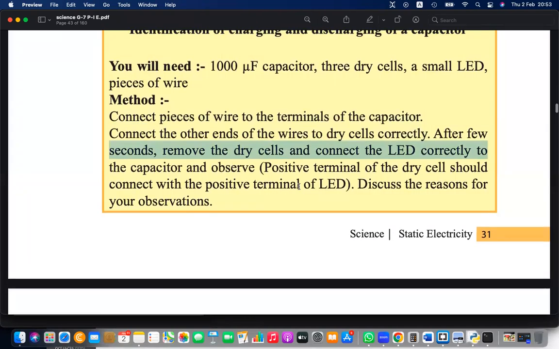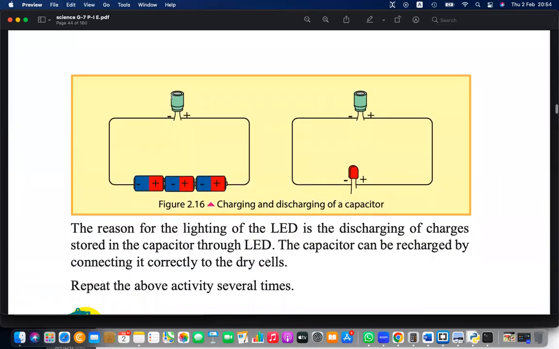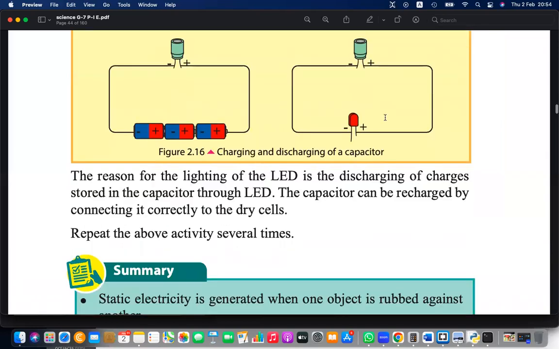In order to check the LED, the positive terminal of the dry cell should connect to the positive terminal of the LED. Then the capacitor and LED need to be connected. This is the first attempt. So you are charging this, and this is the second one. Then you are checking this.